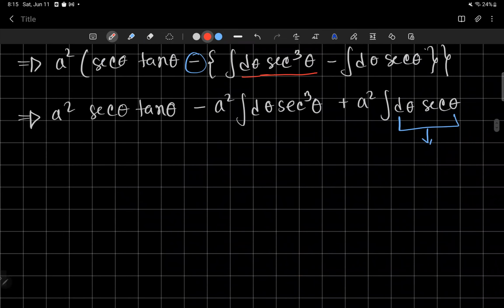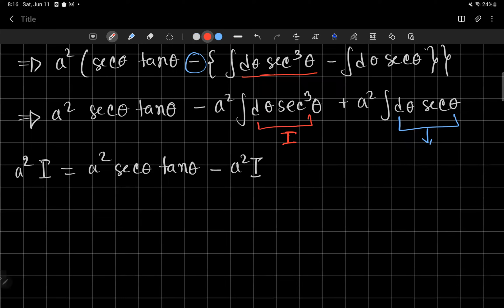So what you do right now is the following. You write a squared I equals a squared sec theta tan theta minus a squared. This is what? This is I, right?